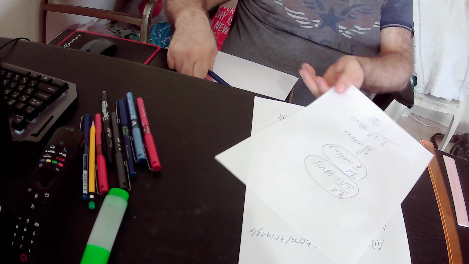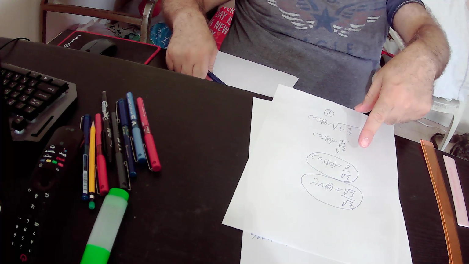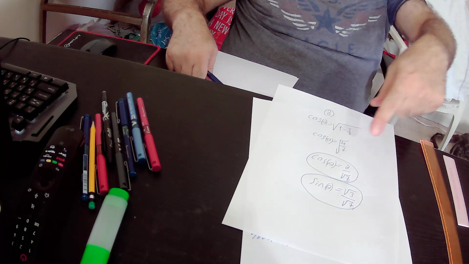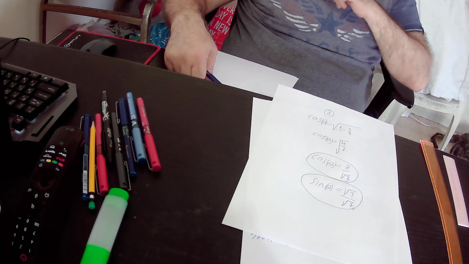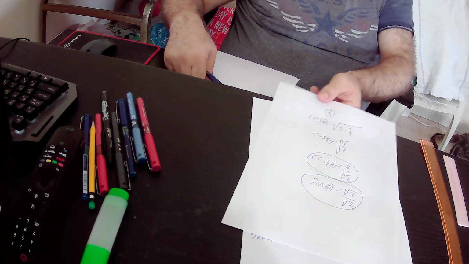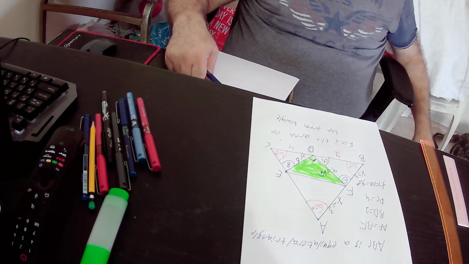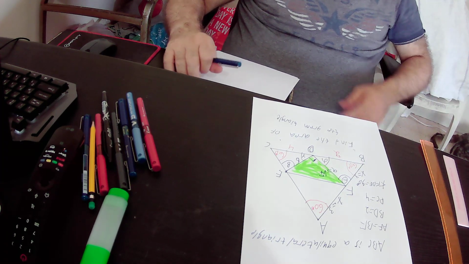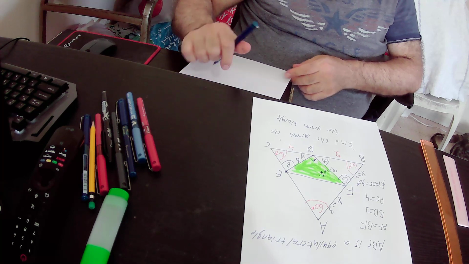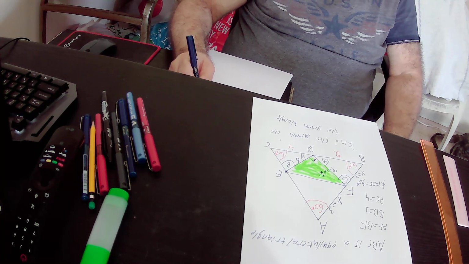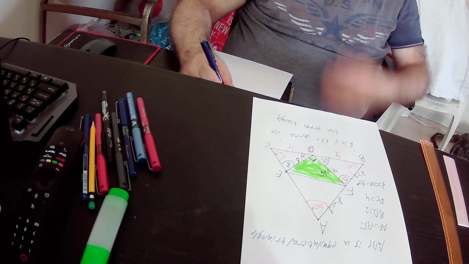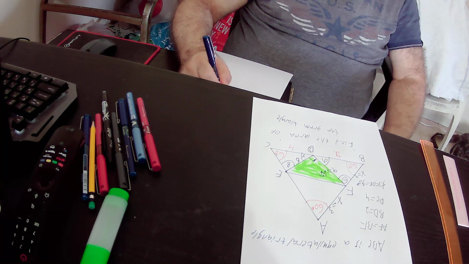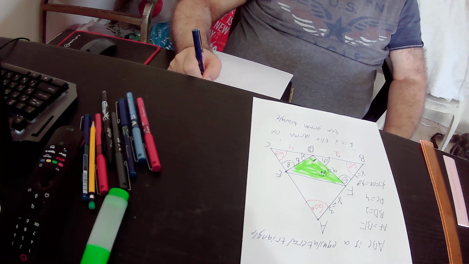As you remember, we found out that beta equals 150 degrees minus theta.